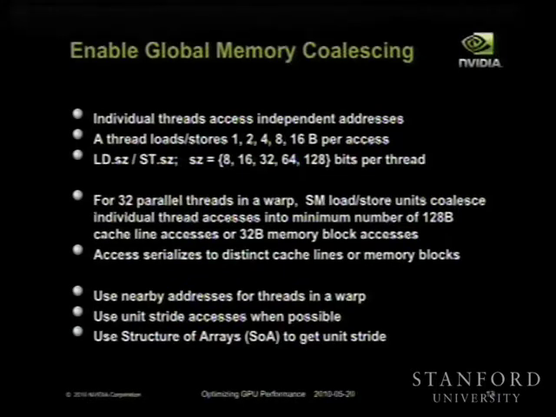And the hardware looks at all the addresses from the warp and tries to coalesce them and combine them as much as it can, so that it accesses the minimum number of cache lines or the minimum number of memory blocks. For the 32 threads in a warp, it looks at all those 32 addresses and asks which cache lines they go to. And then it sequentially accesses all the different cache lines that those 32 addresses touch.